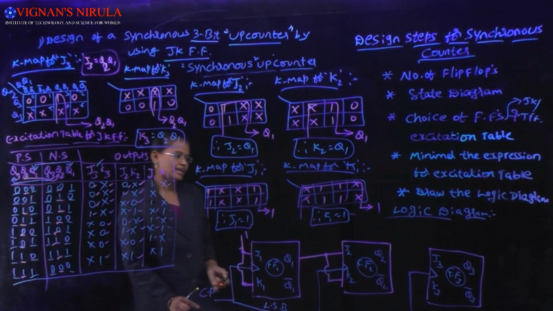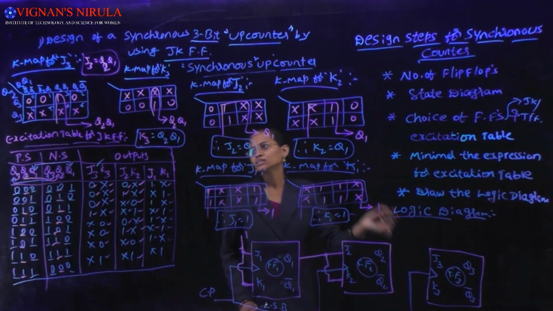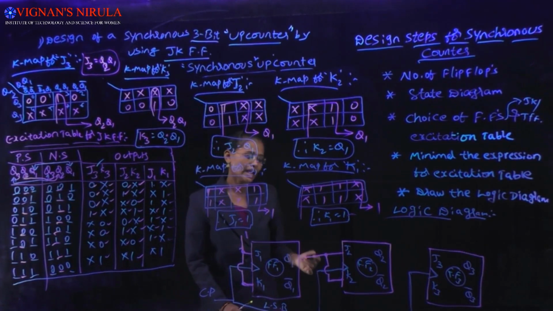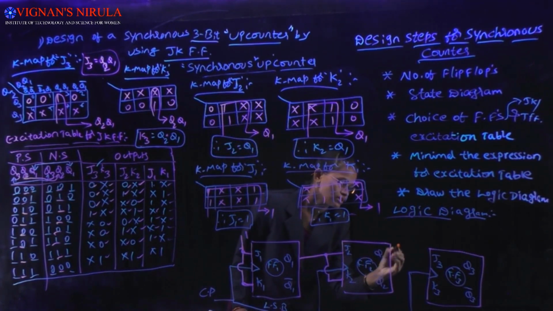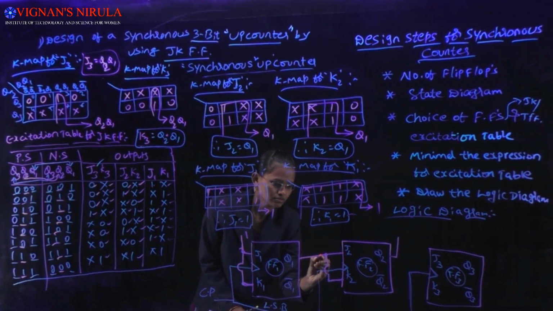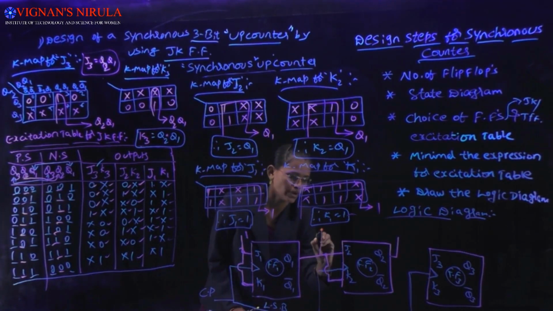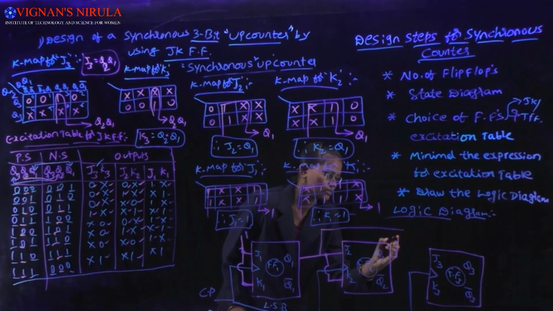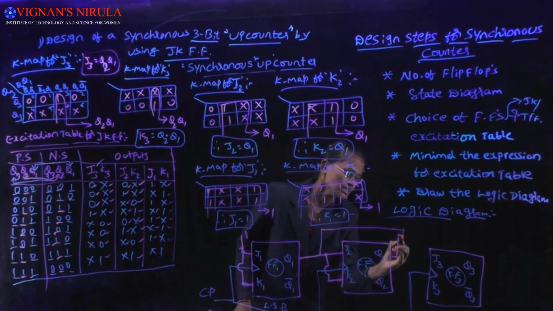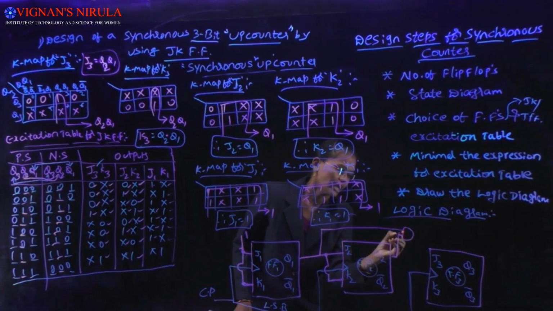Okay, and next J3 K3. J3 K3 is connected to Q2 into Q1. Observe, this is an AND gate. So draw the AND gate. Here this is Q2 and this is Q1. Okay, draw the AND gate.